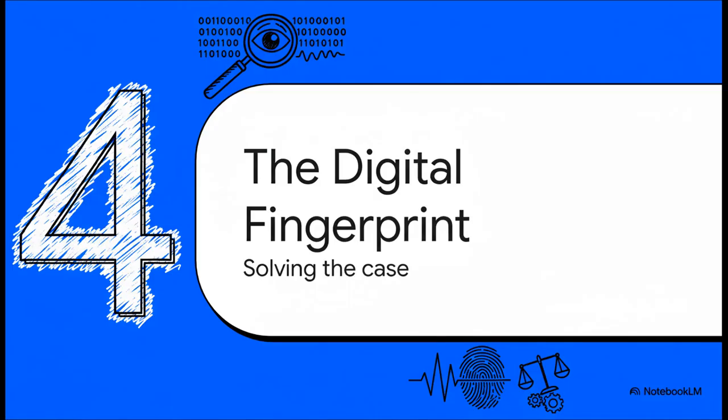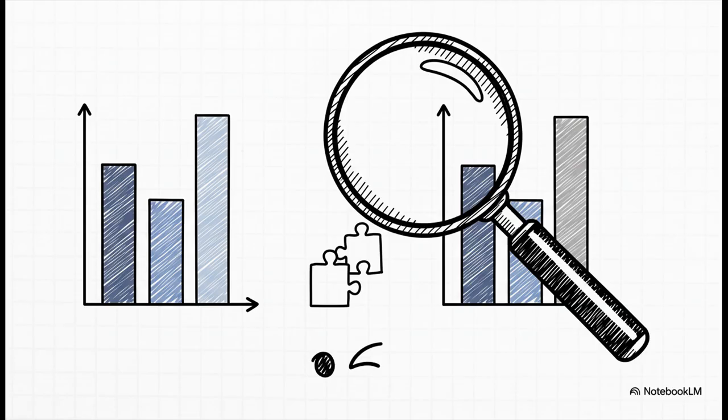Okay, so let's get back to our mystery. We've got our two images, and now we have our digital evidence kit. Let's see if we can use it to find that hidden fingerprint and finally solve this thing. So we run the analysis, and the first thing it tells us is just how scarily similar these two images really are. On the surface, a lot of the measurements come back as a near-perfect match, and that's what makes these kinds of deepfakes so incredibly deceptive.